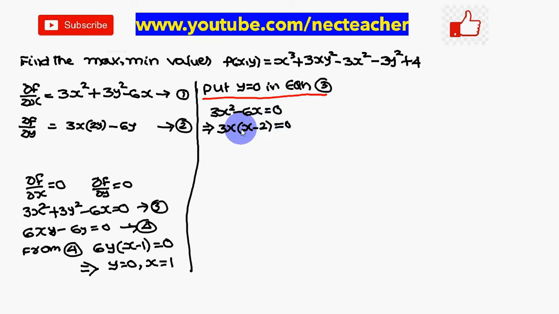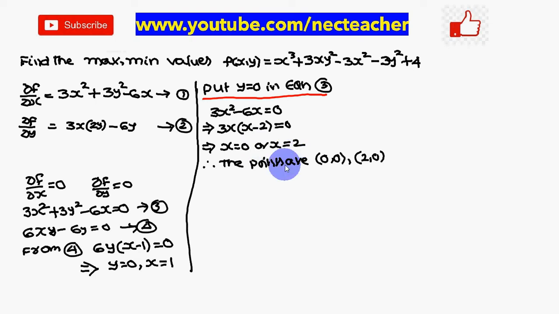Take 3x common, therefore x minus 2 is equal to 0. So x is equal to 0 or x is equal to 2. Therefore the points are x is equal to 0, y is equal to 0, and x is equal to 2, y is equal to 0. These are the 2 points you are going to get. One more case is there.